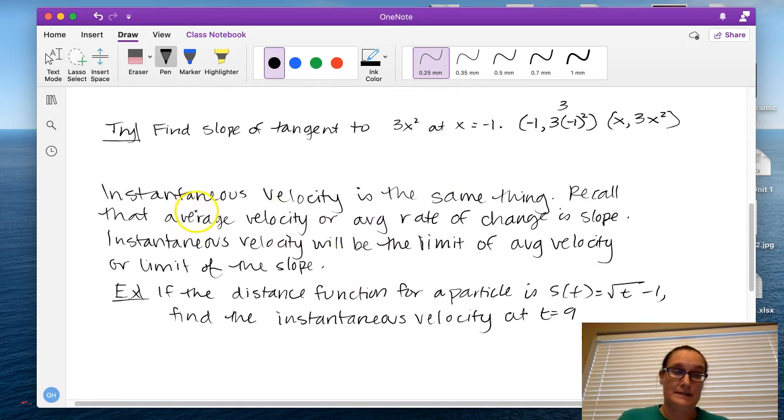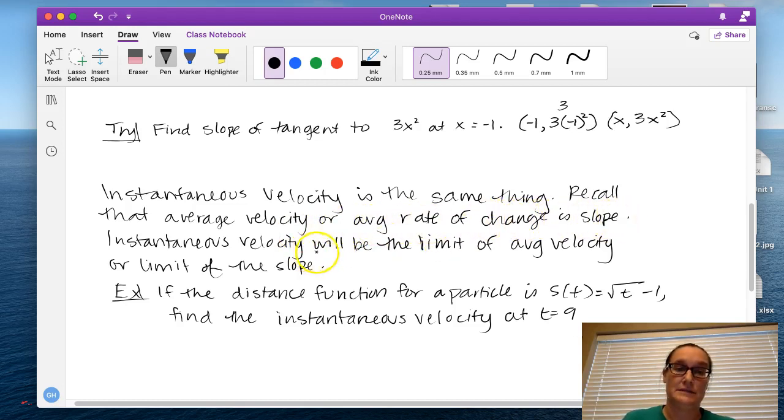So going on, instantaneous velocity is the same thing. This is where we actually get into some applications. Those of you that have taken physics or are taking physics, there's a lot of physics applications with calculus. Any instantaneous rate of change is the same as the slope of the tangent line, because remember that average velocity or average rate of change is slope.